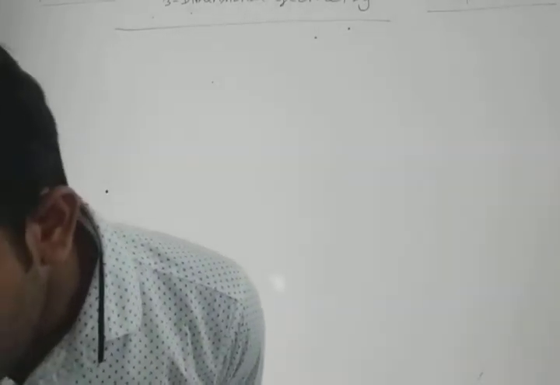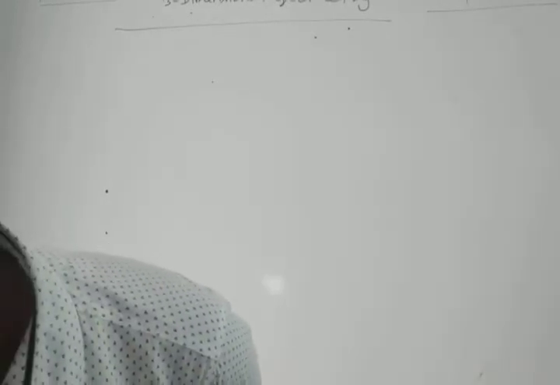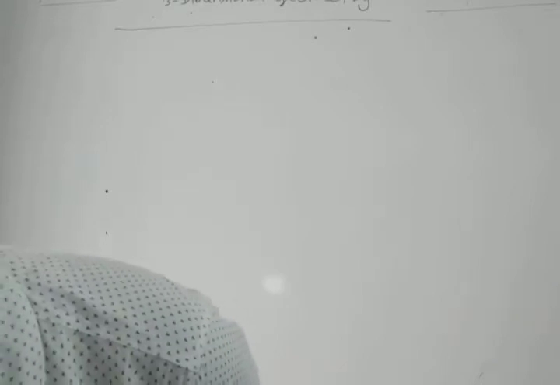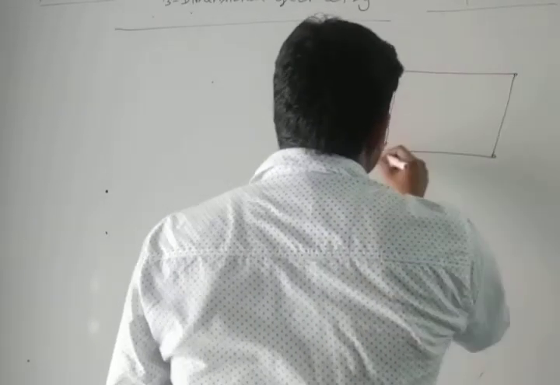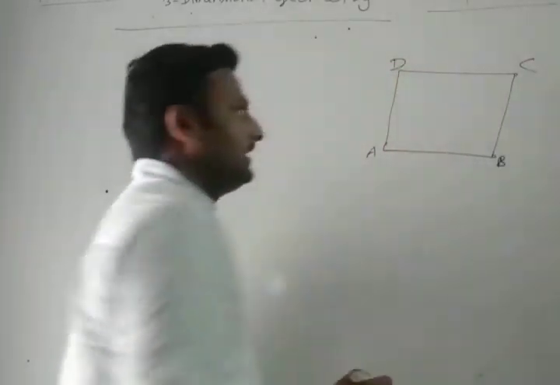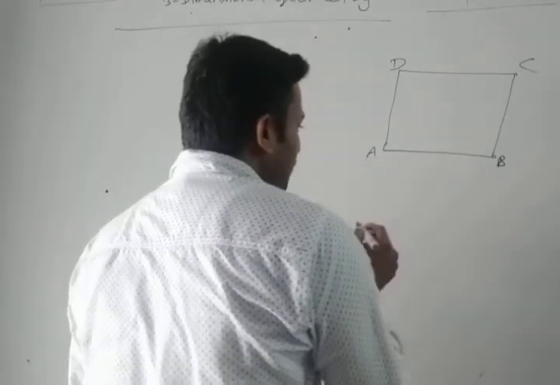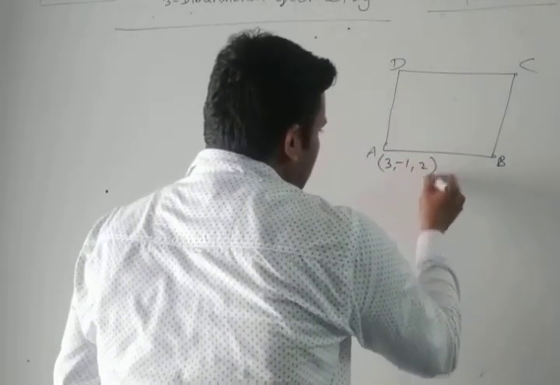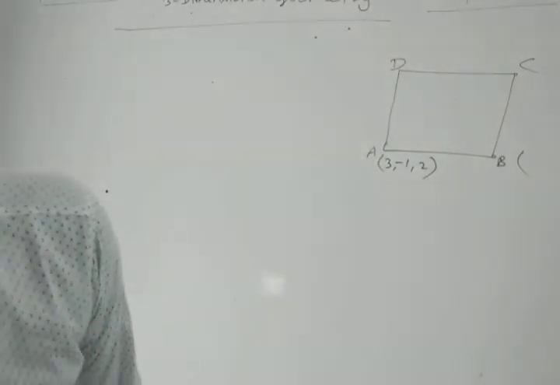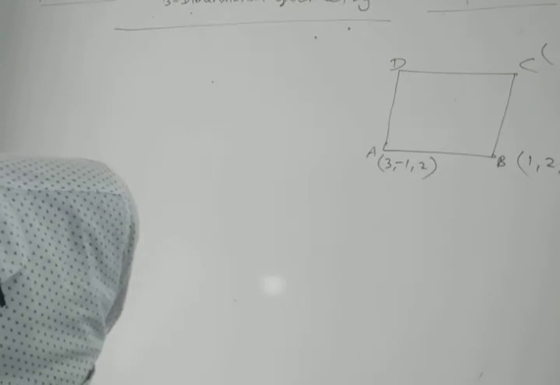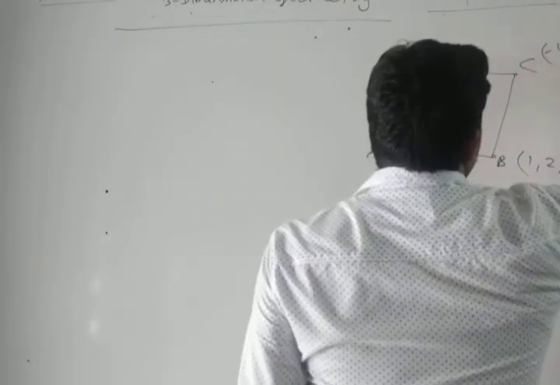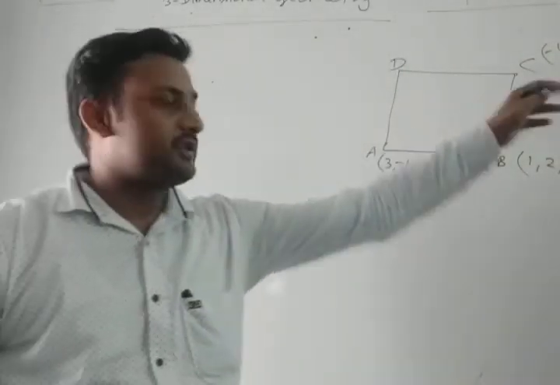Three vertices of a parallelogram ABCD are A, B and C. Find the coordinates of the fourth vertex. Suppose ABCD is a parallelogram and the coordinates of the three vertices are A(3, -1, 2), B(1, 2, -4) and C(-1, 1, 2).